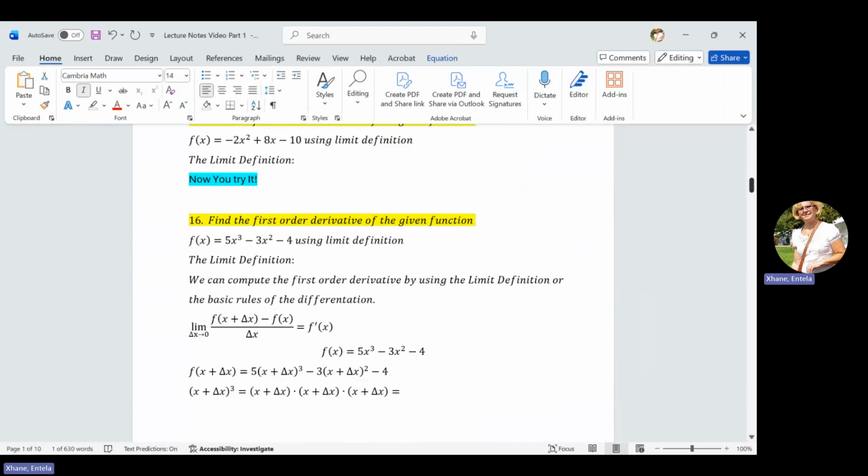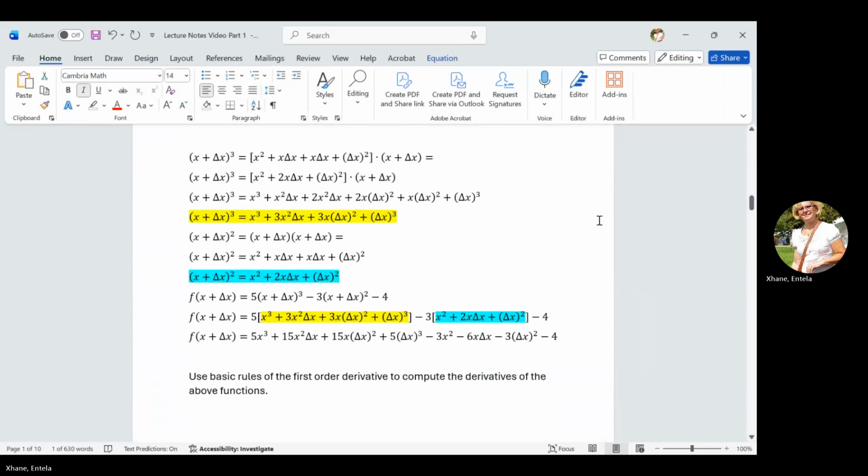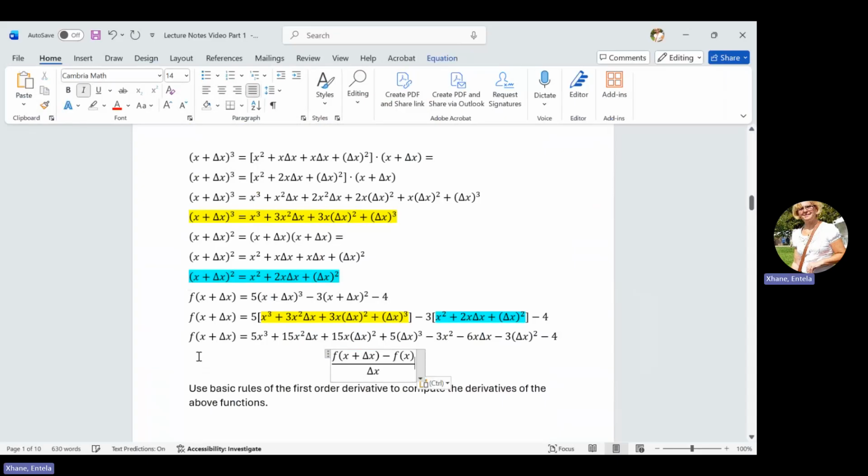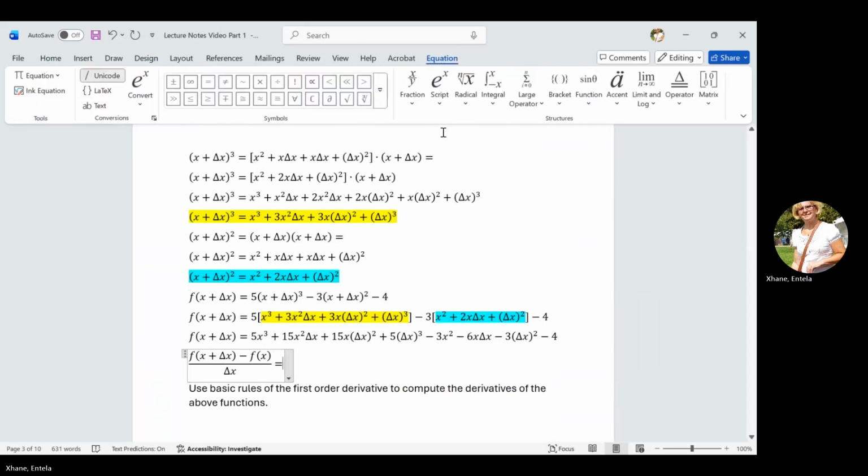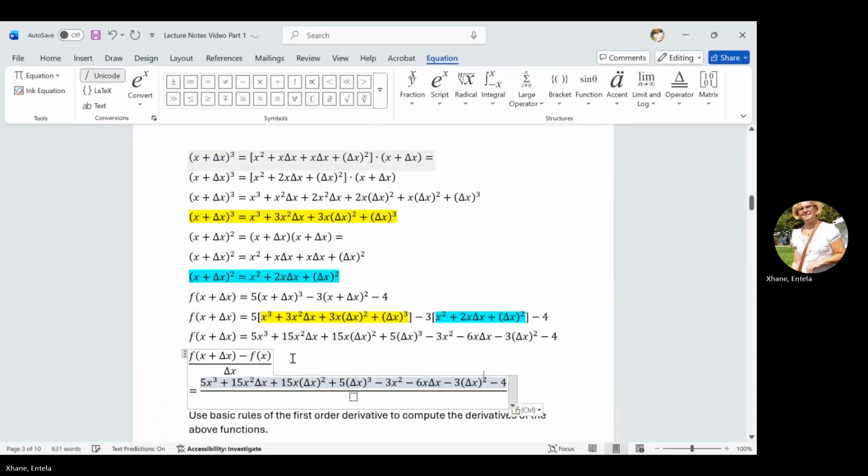So let's do that. Here's the ratio. The ratio is equal to f of x plus delta x, which is this long expression right there. So let me copy that. Okay.